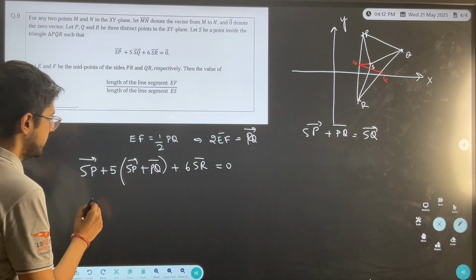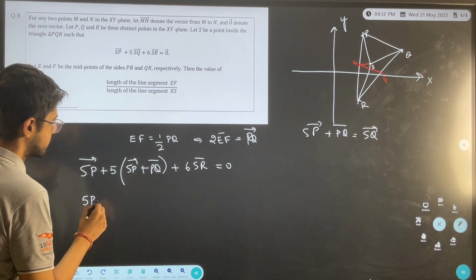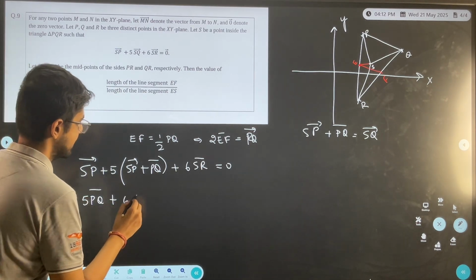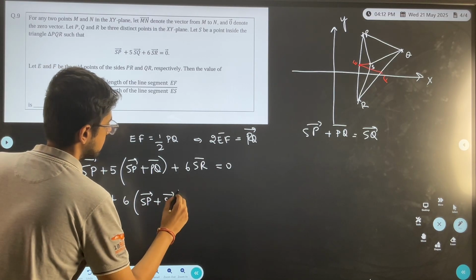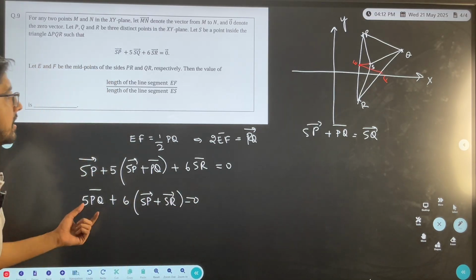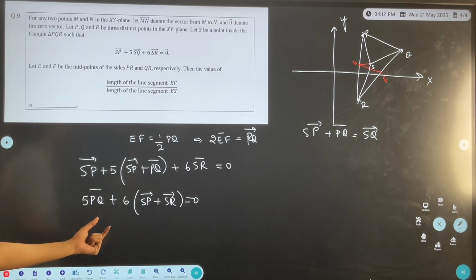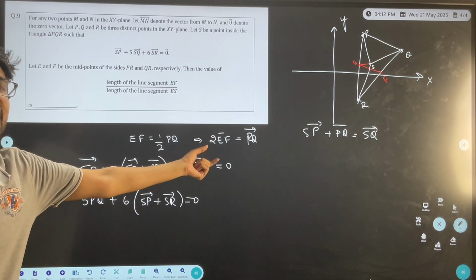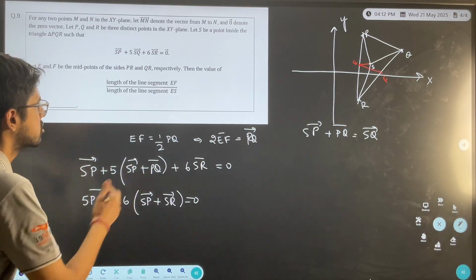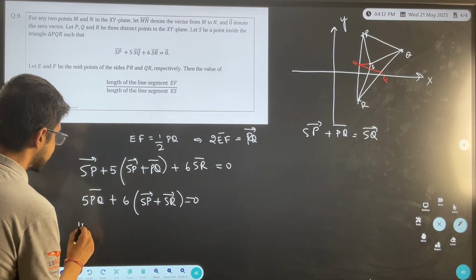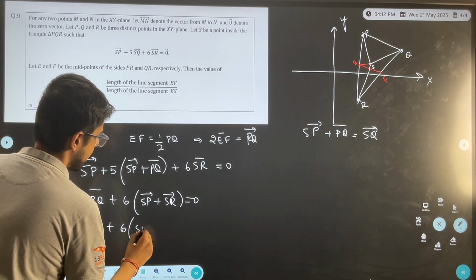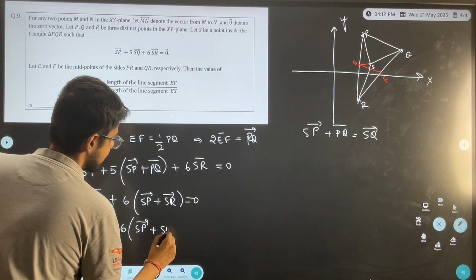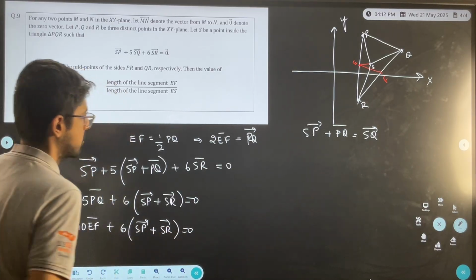So, this will give me 5 times PQ bar plus 6 times SP bar plus SR bar is equal to 0. Now, we have pushed PQ bar into the expression, which I know in terms of EF bar. So, what I am going to do is, I am going to write this as 10 times EF bar plus 6 times SP bar plus SR bar is equal to 0.